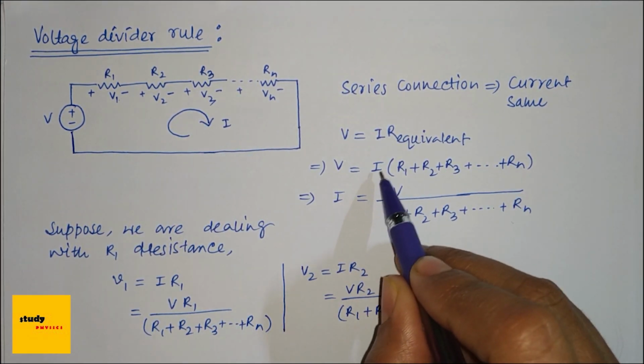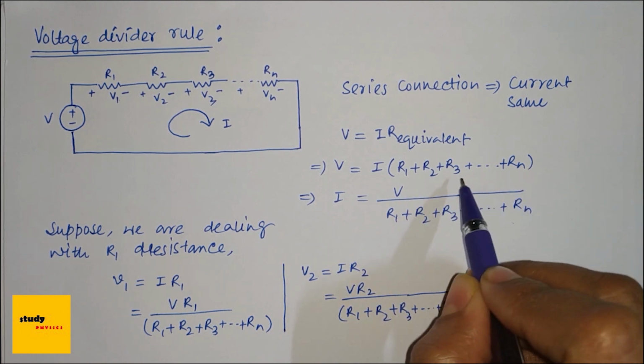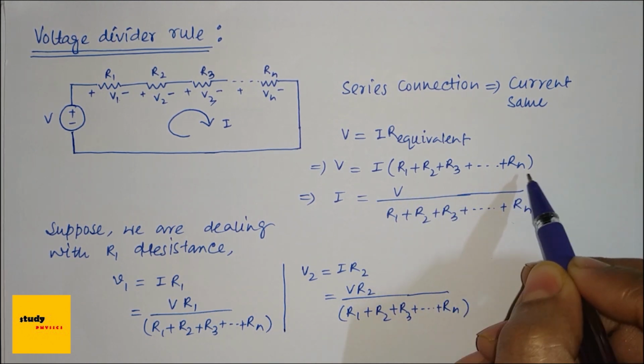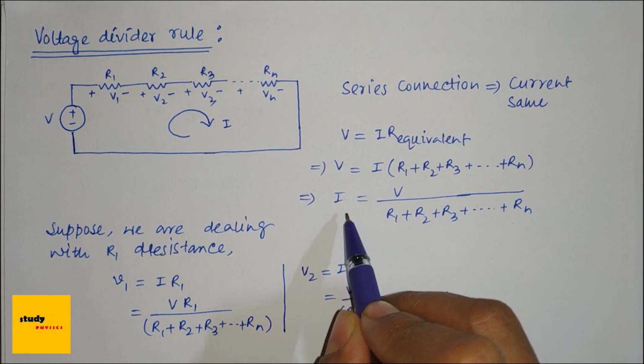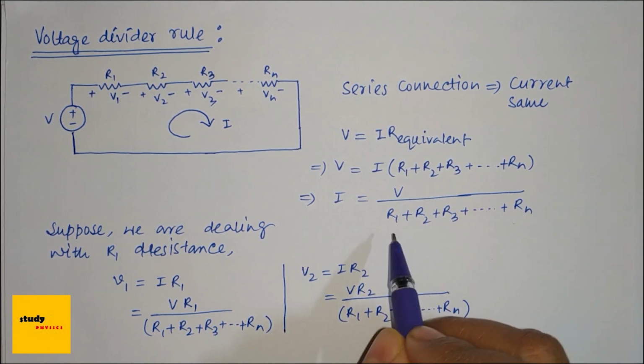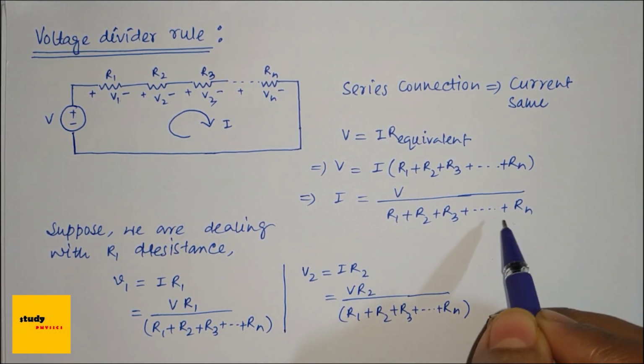So V equals I into R1 plus R2 plus R3 plus Rn. Then I is V divided by the total resistance.